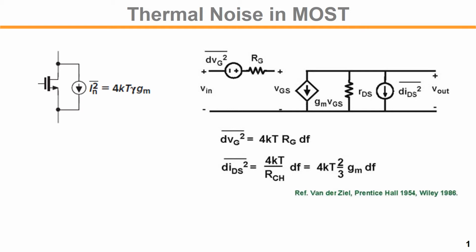The thermal noise in a MOS transistor can be modeled between drain and source with the noise current density 4kTγgm. Here γ is approximately 2/3 in a long channel device, and in a short channel device it is getting larger and larger, approaching 3/2.